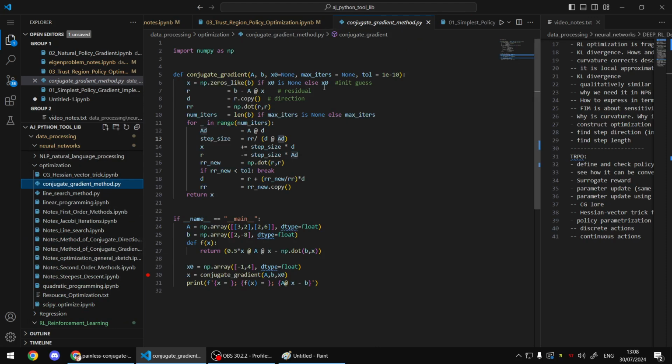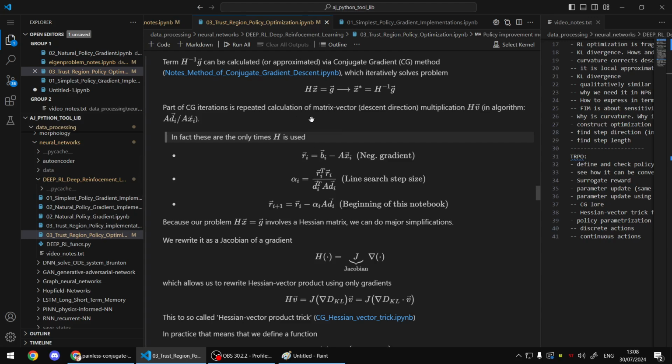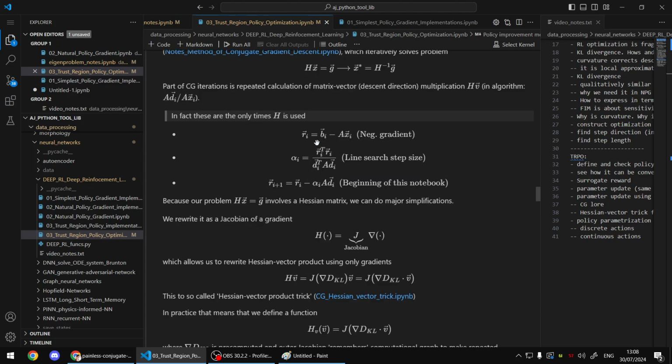The algorithm is such that we give some kind of initial guess, but then you can see that our A matrix, which is Hessian in our case, is multiplied by one vector once, and then this A multiplication with another vector is used here two times. So the idea is maybe we can find some kind of trick that will help us do even more calculation, and there is such a trick.